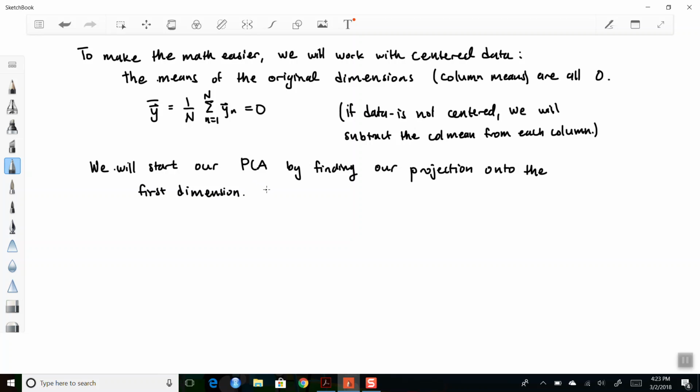So what happens for our first dimension is you're going to take the vector y sub n and project it onto your first dimension, and so it will return one value.